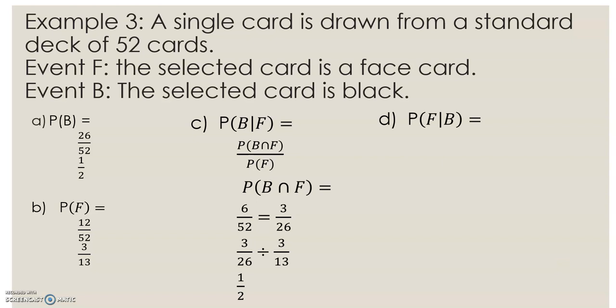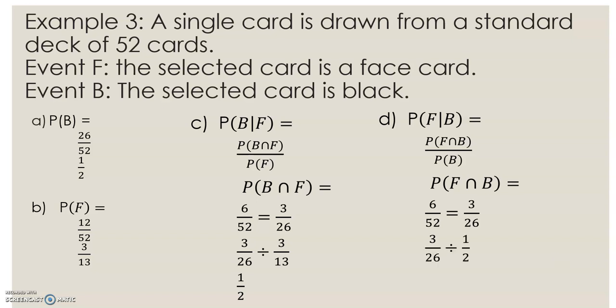Probability of a face card given a black card is the probability of face card intersecting with the black card, divided by the probability of a black card. The probability of that intersection is 3/26. This time we have to do 3/26 divided by our probability of B, which is 1/2. 3/26 divided by 1/2 is 3/13.